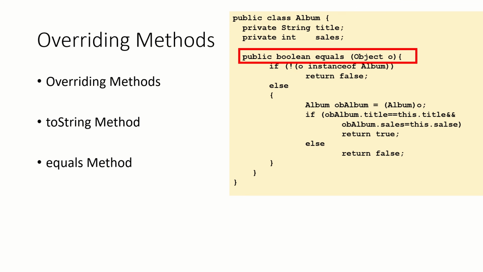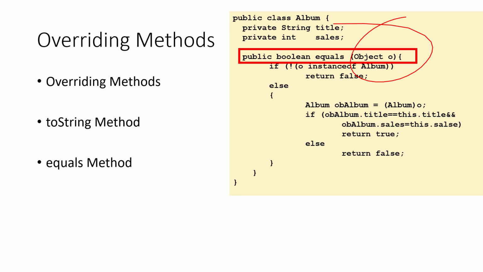Another one is equals. The equals method helps you return true or false when comparing. For example, you have an object and you don't know whether it can be cast into the Album class. So we need to call this method.